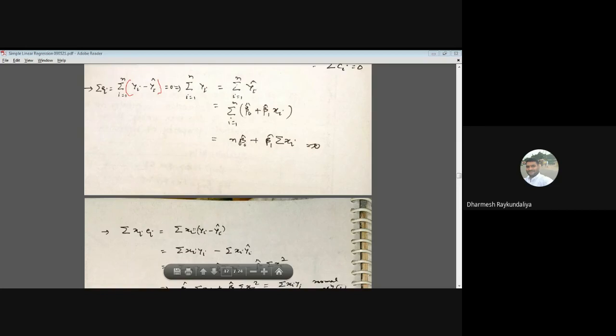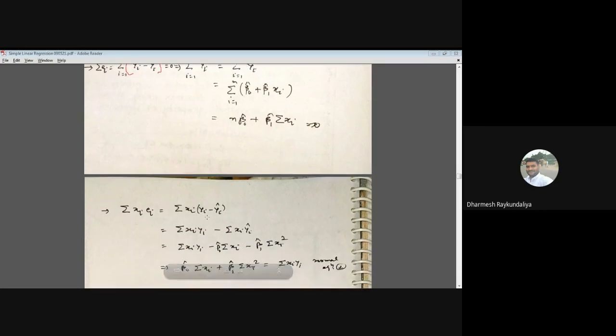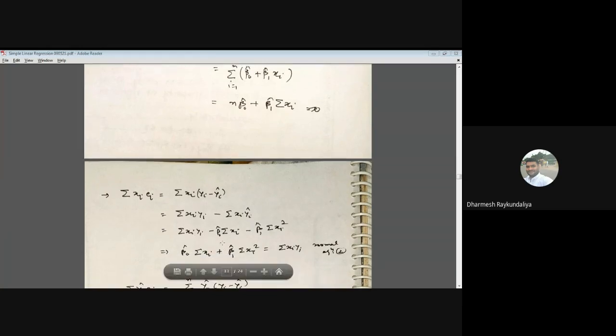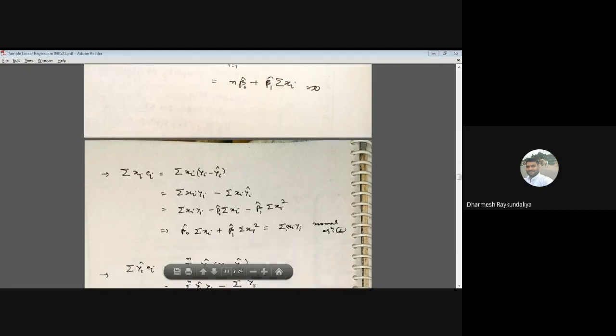And for xi ei, ei is yi minus yi cap. If you multiply, xi yi minus xi yi cap, where yi cap is beta 0 cap plus beta 1 cap xi, this gives beta 0 cap summation xi minus beta 1 cap summation xi squared.